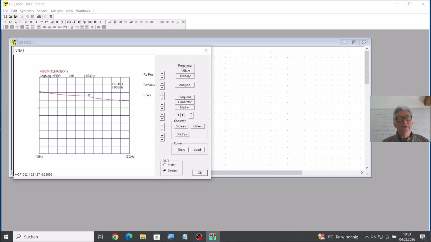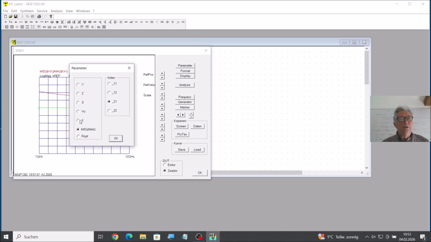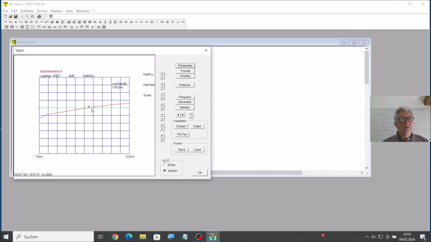We can check this also by having a look at the stability factor K, and you see that the stability factor K becomes now greater than 1, or in the dB scale, we will have here positive dB values.